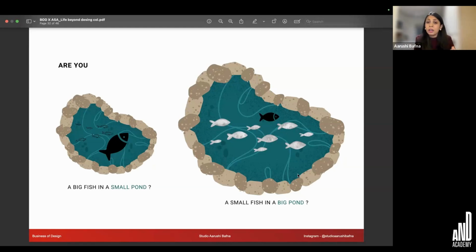If I was fighting the same race as other interior designers or architects in the city, I would be pitching against like 20 other designers for the same project. Instead, I became the bigger fish in a very small pond of retail design.